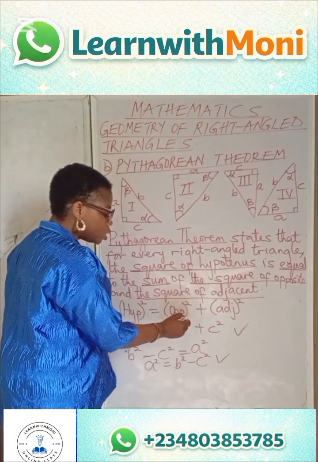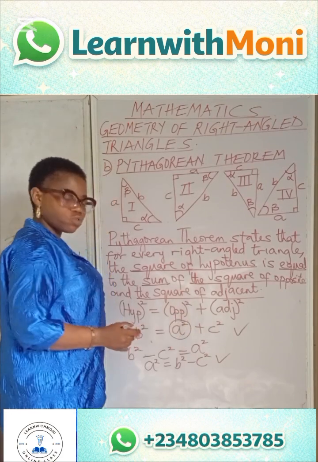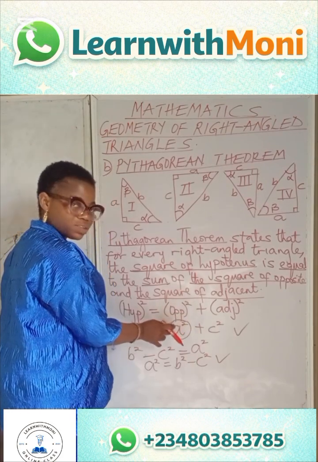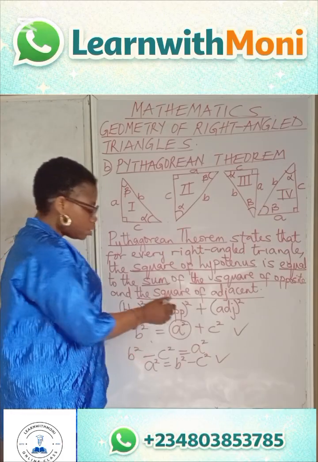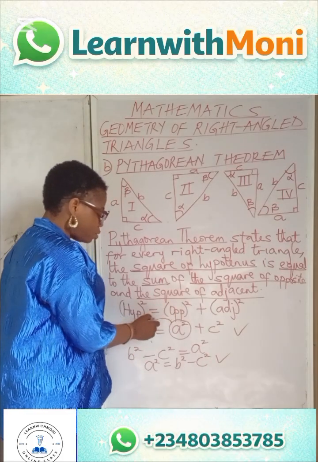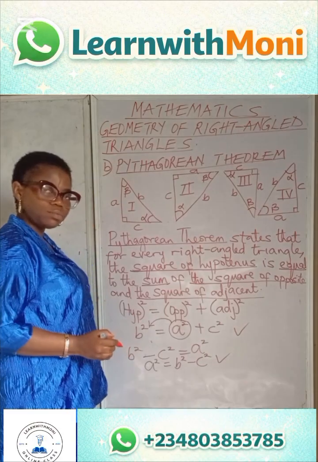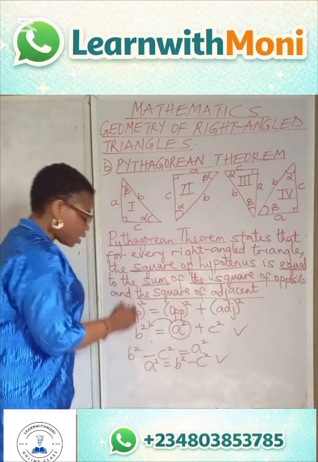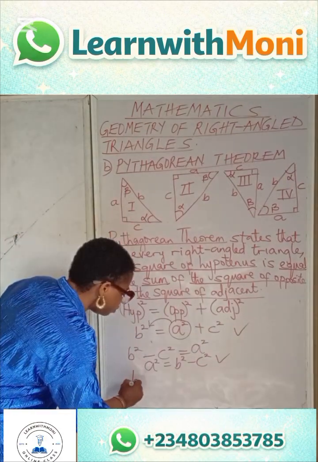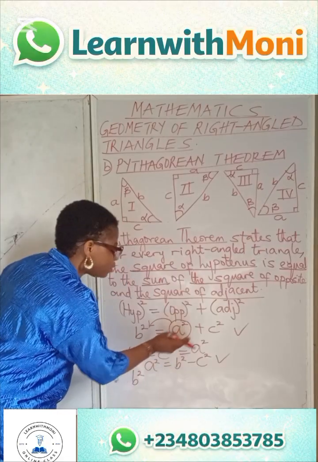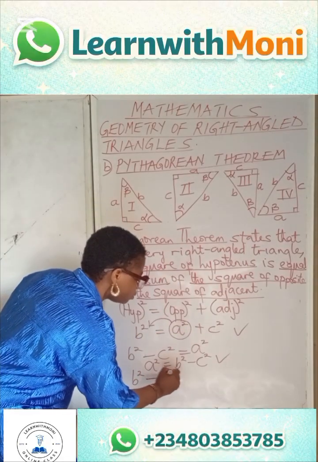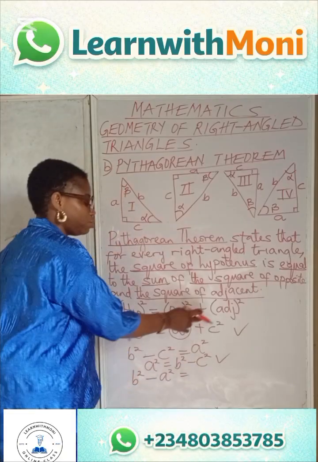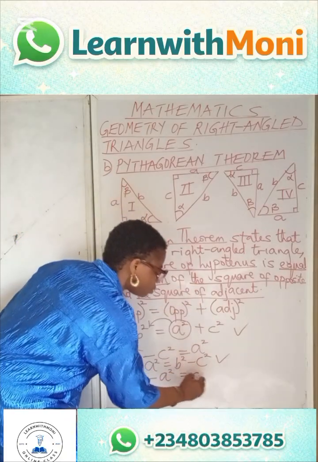What about if I'm solving for c? All I have to do is to take this a square. Of course, you know there is an invisible positive sign in front of this a. Take this a square to the other side, and on your left hand side you're going to have b square. The plus a square will change to minus a square, and on your right hand side you are left with c square.